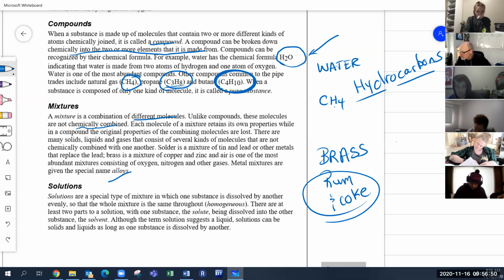Now, solution is the next one here. Solutions are a special type of mixture in which one substance is dissolved by another evenly. So if you ever put hot water with the Jello packet, and you dissolve those Jello crystals into that water, you make a new solution with those two combined, right?